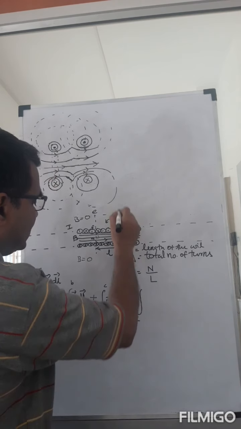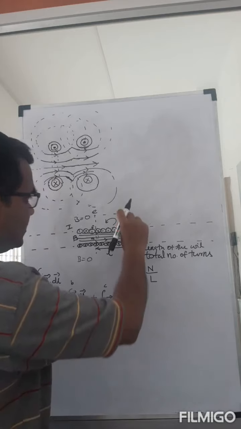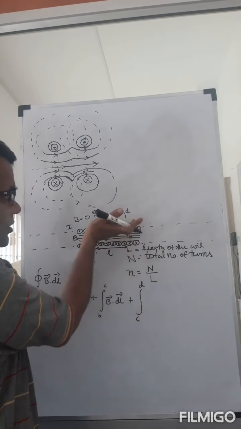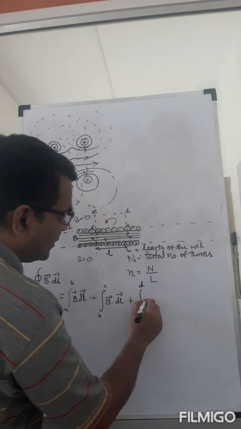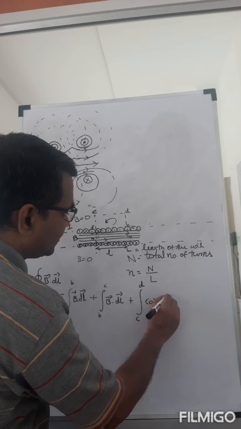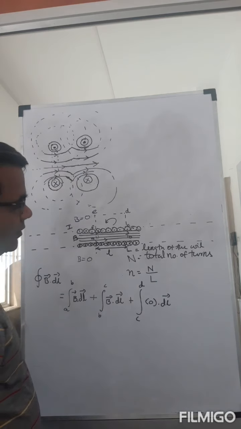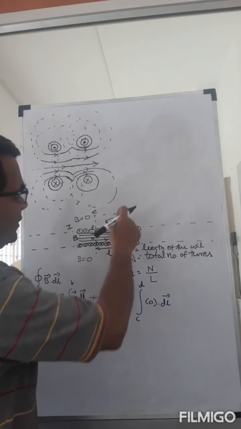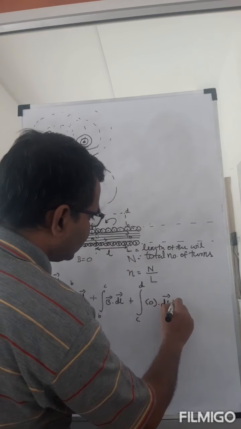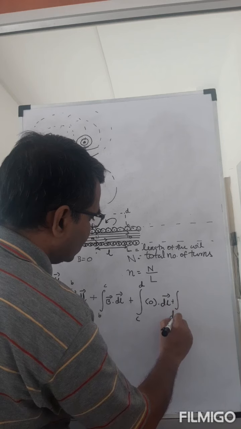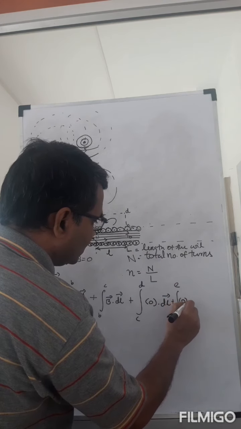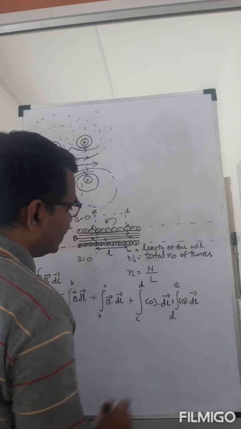And then C to D. Here my B, there is no B, I told you, outside the solenoid there is no B. So my B will be 0, dot dl. There is nothing there. And then I go from D to E. Again my B here is 0, dot dl.